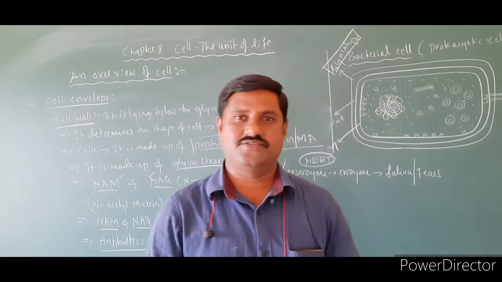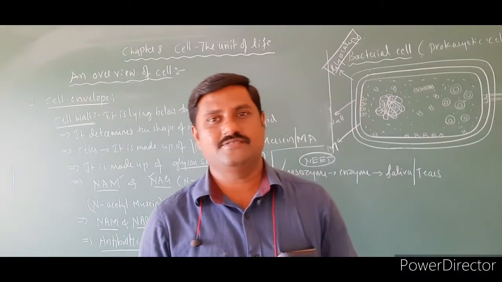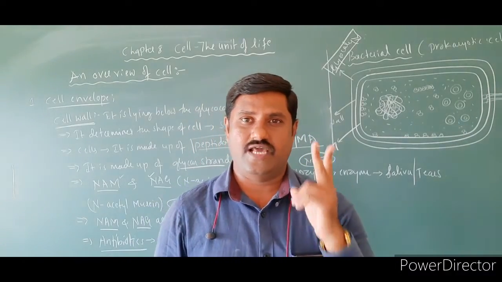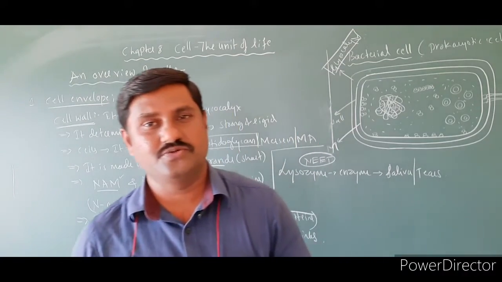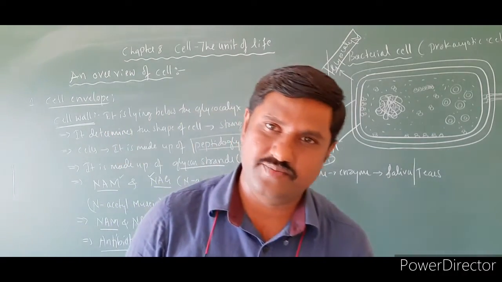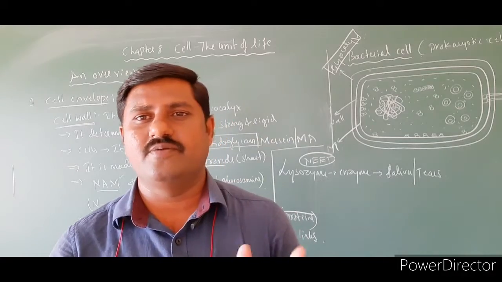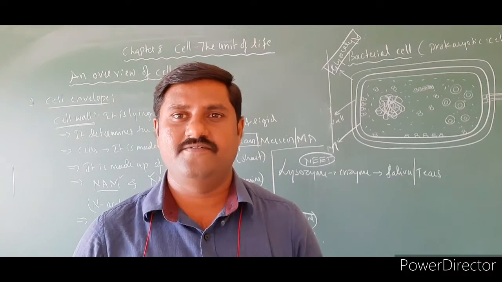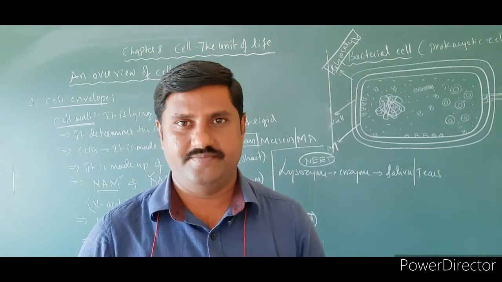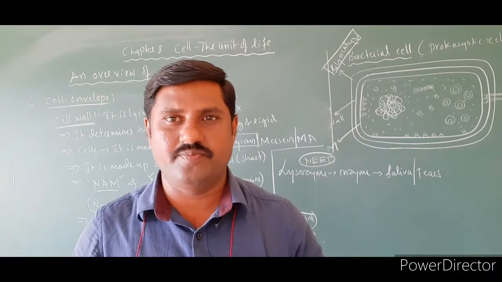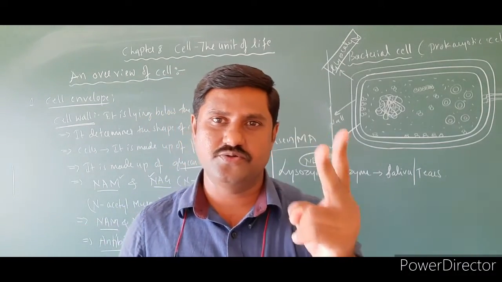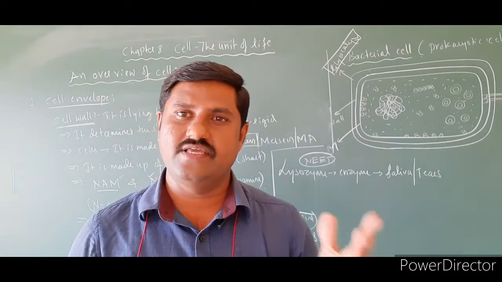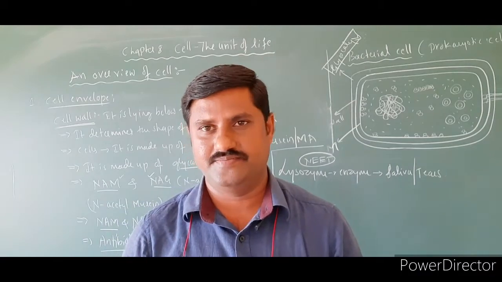Bacteria are classified into two types. On what basis have they been classified? On the basis of their staining property. One is gram-positive bacteria and the second is gram-negative bacteria.